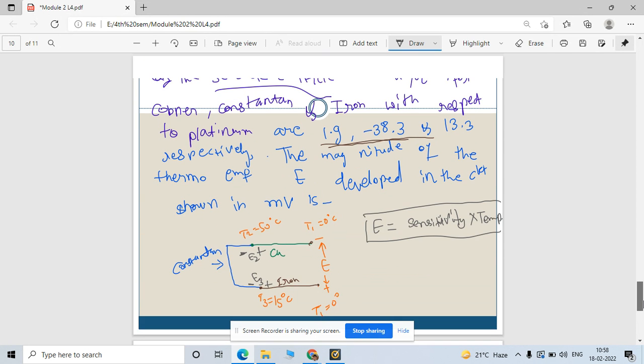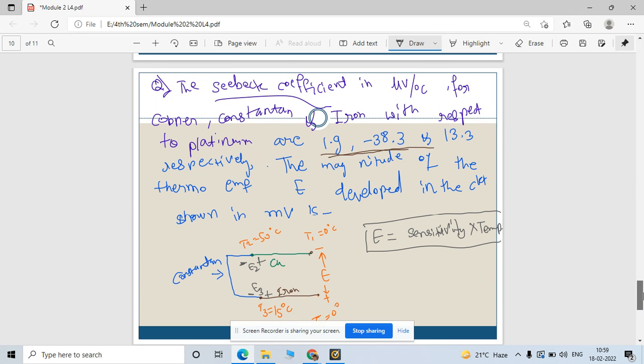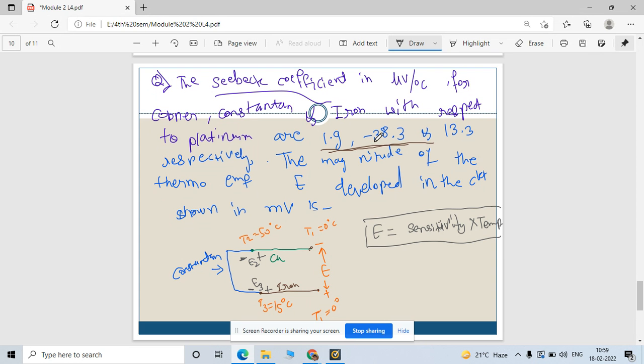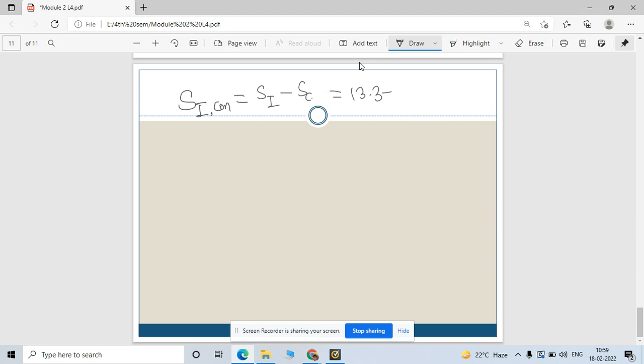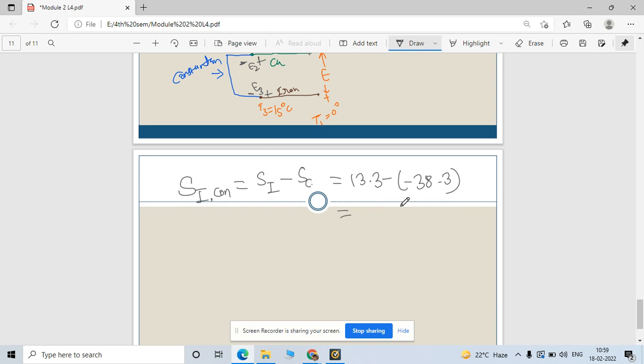What is the sensitivity of iron? 13.3. And what is the value for constantan wire? Minus 38.3. So this minus 38.3 becomes plus 38.3. What does it come to? It is 51.6.